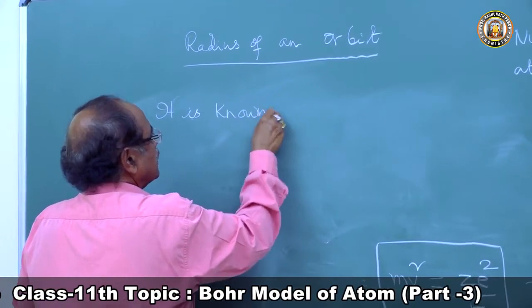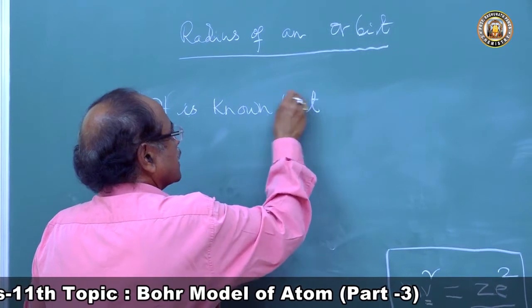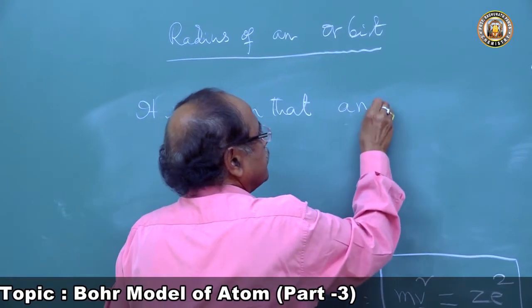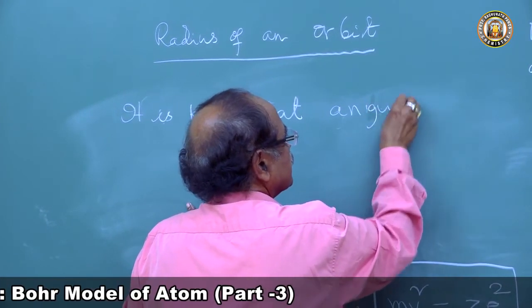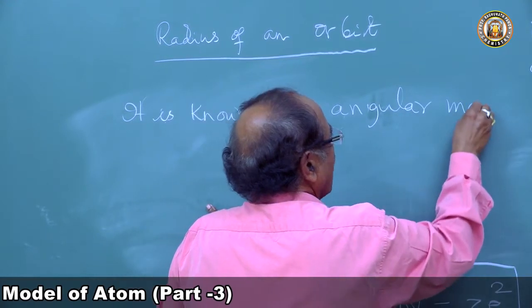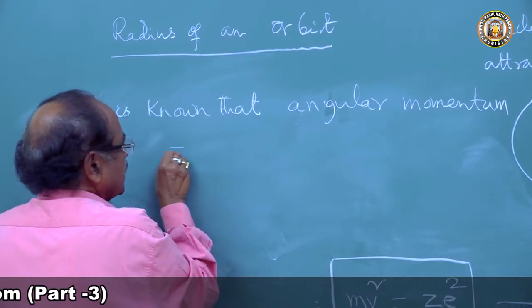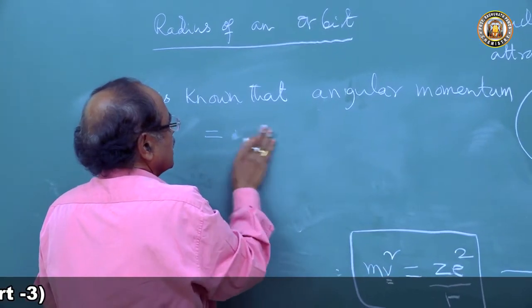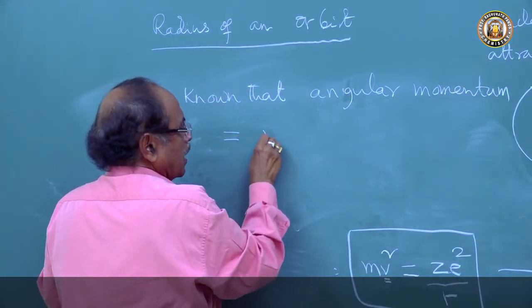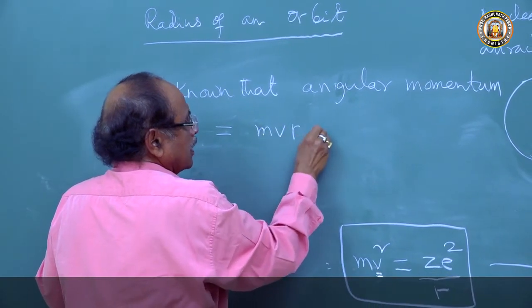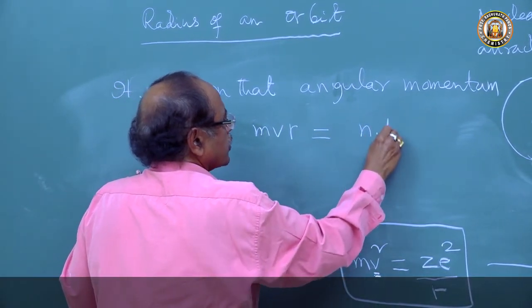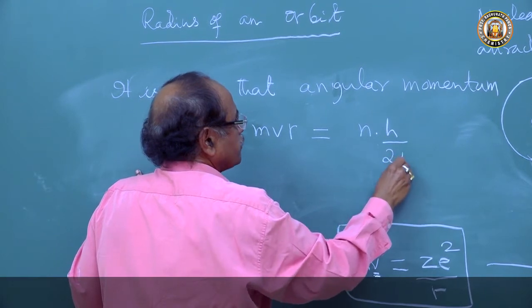So it is known that angular momentum is mvr equal to n into h by 2 pi.